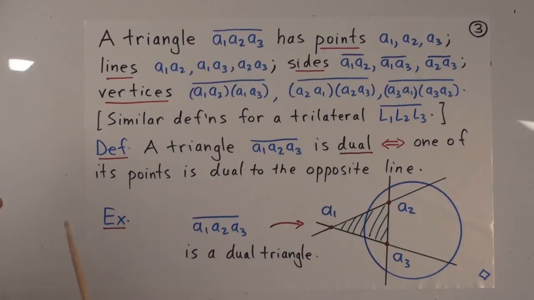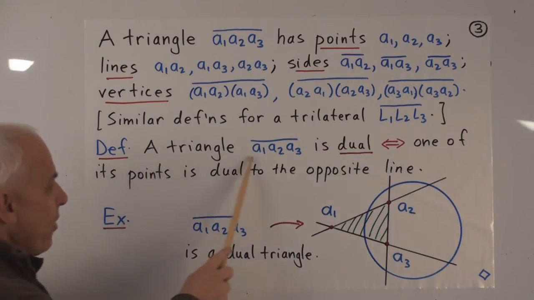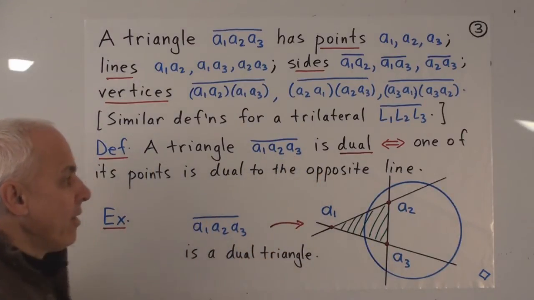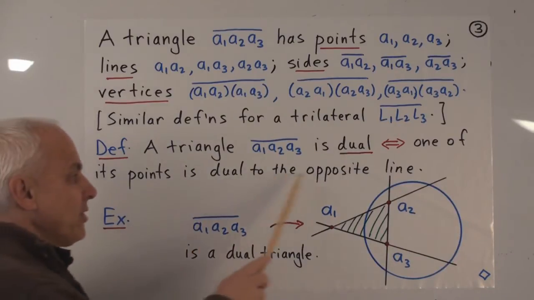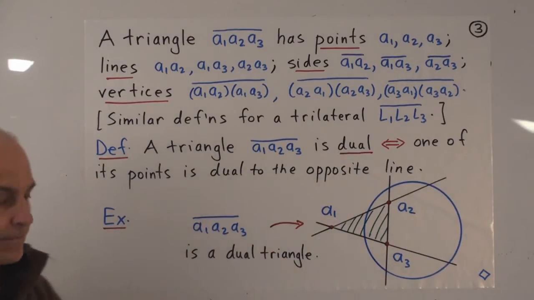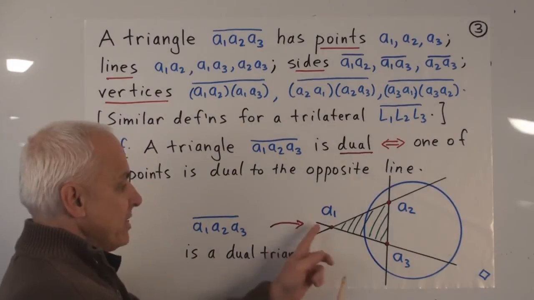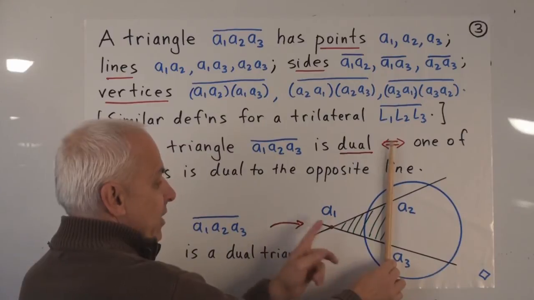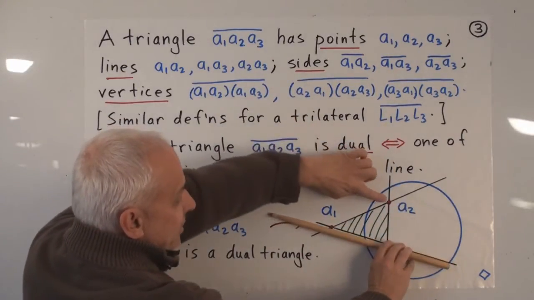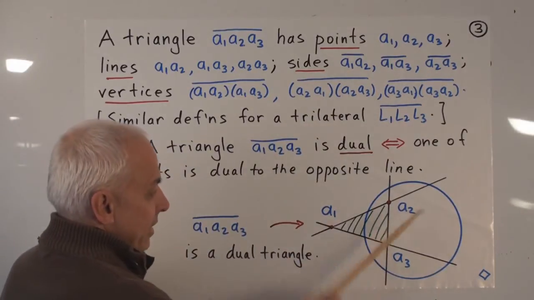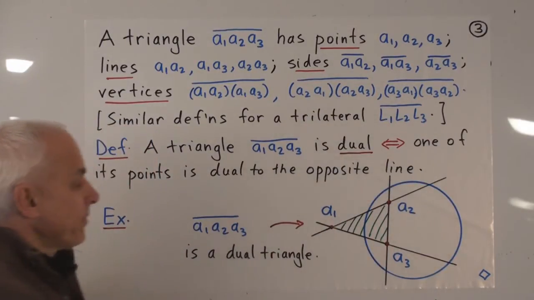So here's another definition. We'll say that a triangle A1, A2, A3 is dual precisely when one of its points is dual to the opposite line. What do I mean by opposite line? So we'll say that this line of the triangle is opposite to that point. And this line is opposite to that point. And this line is opposite to that point.